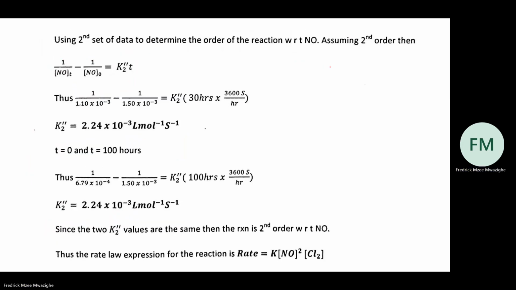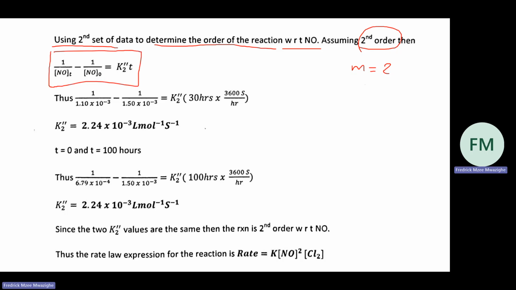So using the second data set, we use that to determine the order with respect to NO. We can start by making the assumption that it is second order with respect to NO, so we assume that M equals 2. Then we apply the second order expression for NO.